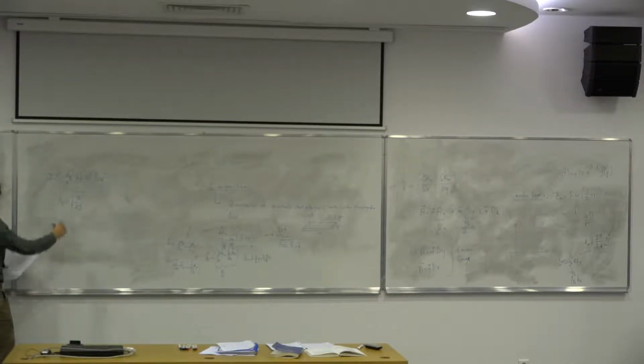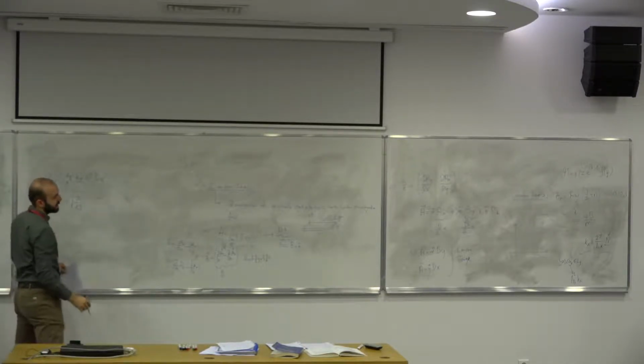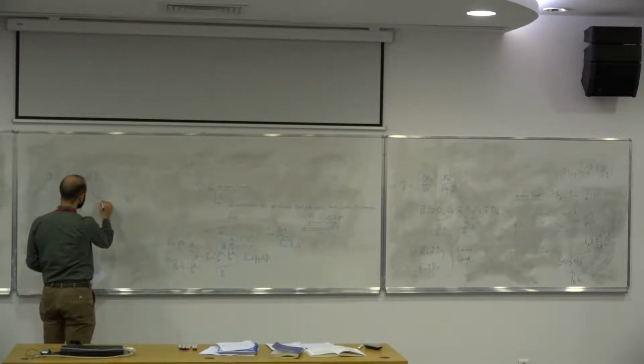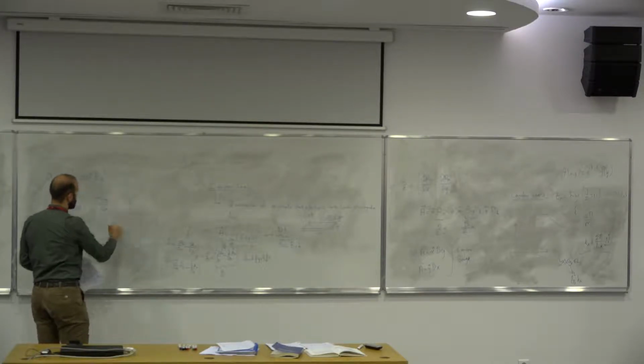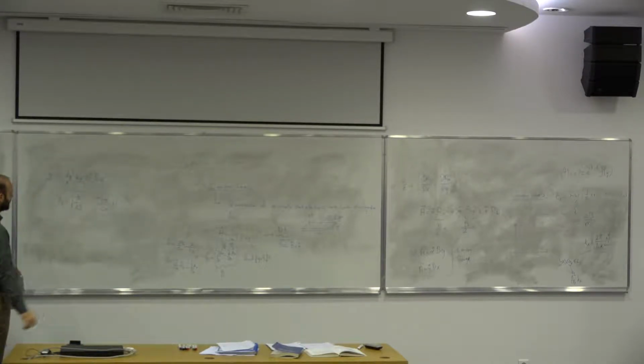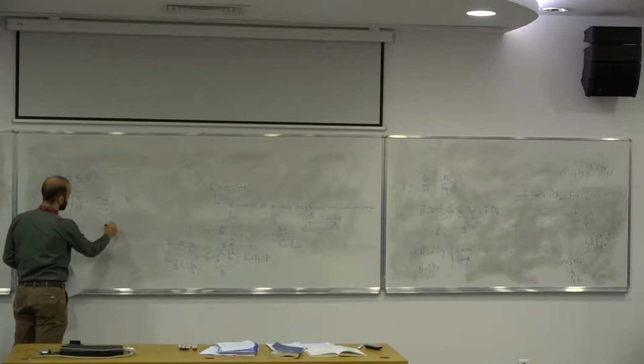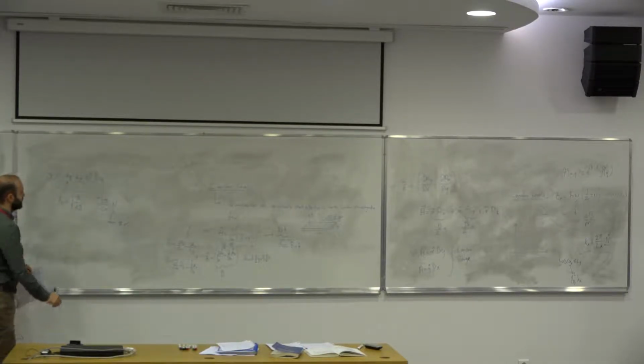Then I have my Kx, that is 2 pi over Lx times the maximum number of electrons that I can put per each state.